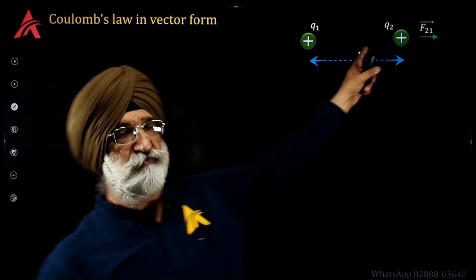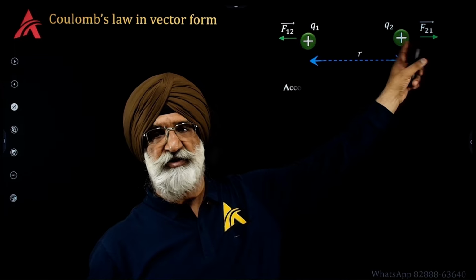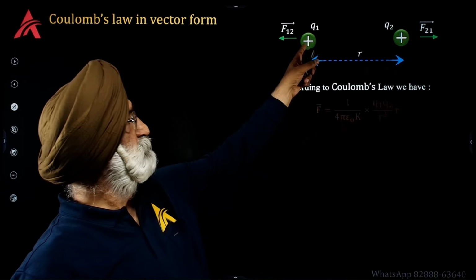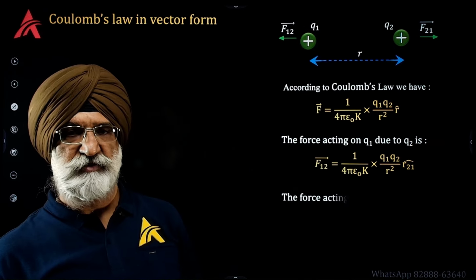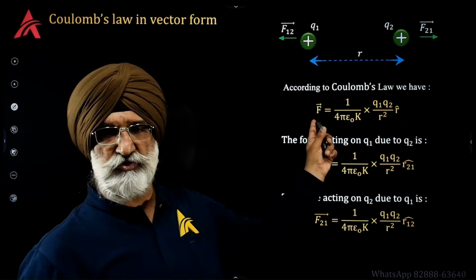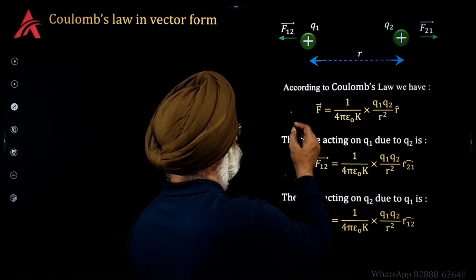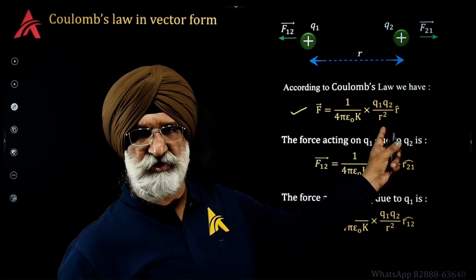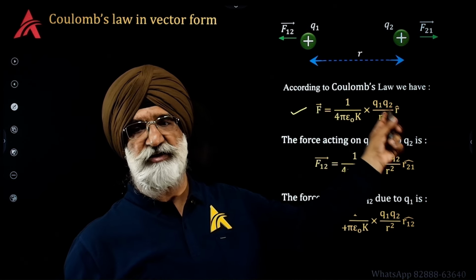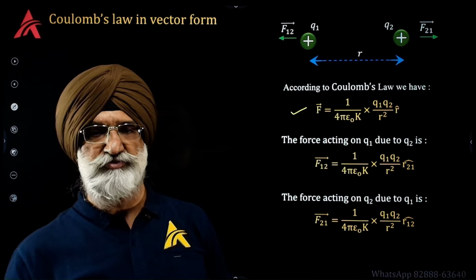The electrostatic force acting on charge Q2 is F21 and the electrostatic force acting on charge Q1 is F12. According to Coulomb's law, the electrostatic force F is equal to 1 upon 4 pi epsilon naught, k Q1 Q2 upon r square. This is a scalar formula for Coulomb's law.